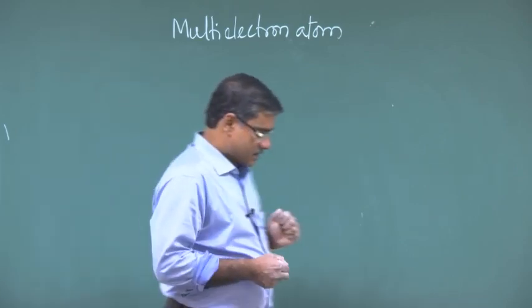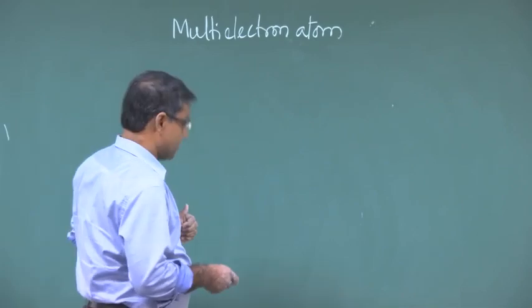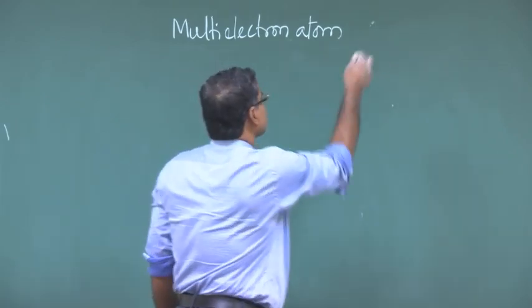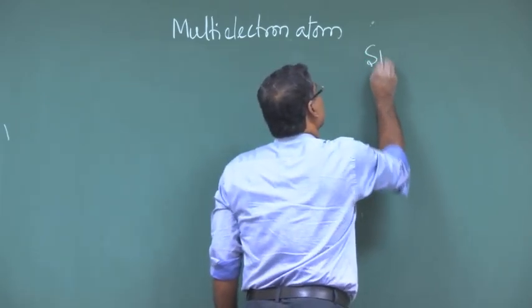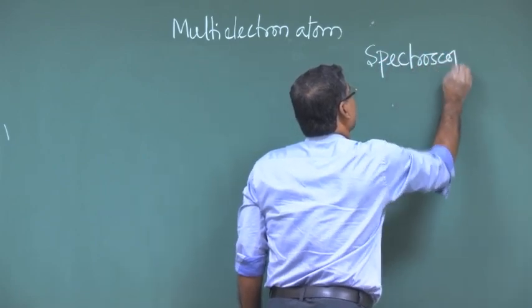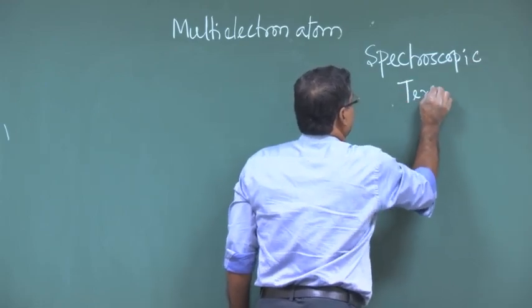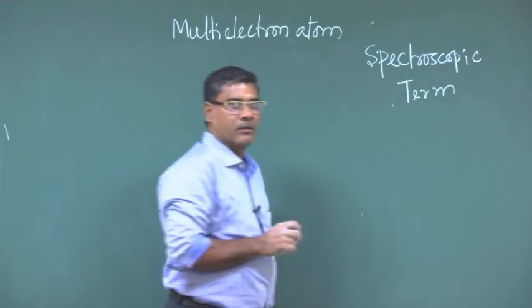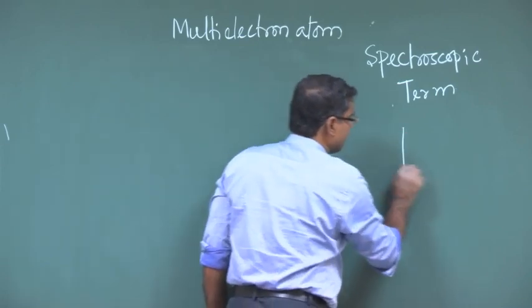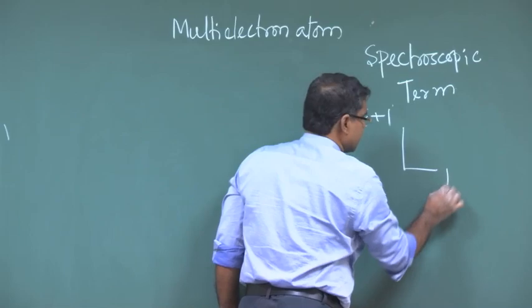First, the important thing is the spectroscopic term. What is that? That I have L, 2S plus 1 and the J value.